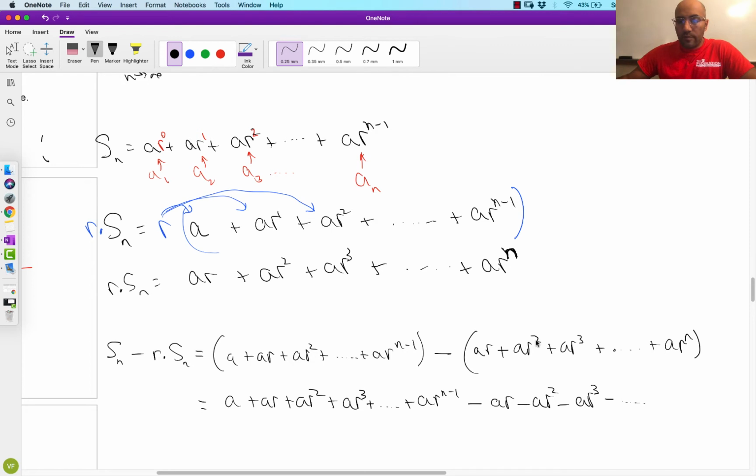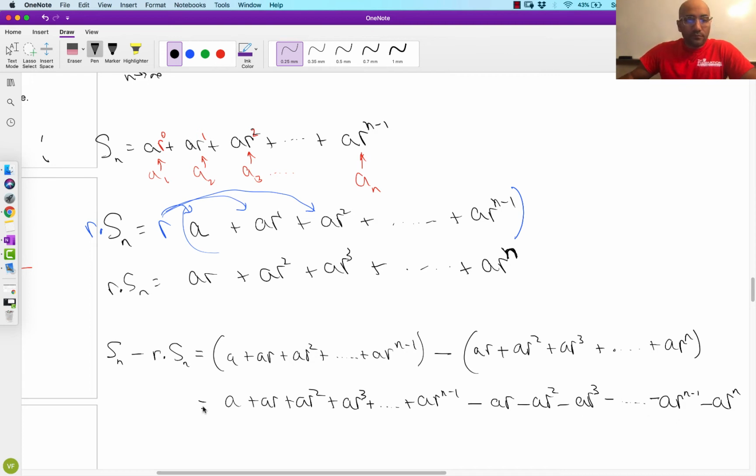So see that these are powers of 1, 2, 3, 4, dot dot dot all the way out to power of n. So the one that comes right before it is going to be ar to the n minus 1 power minus ar to the nth power.